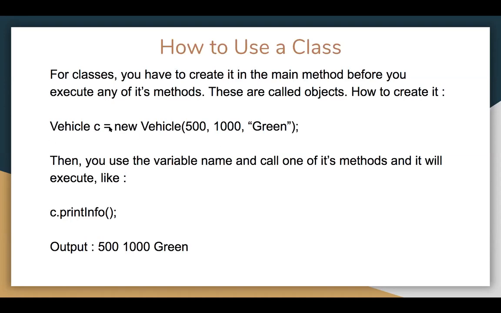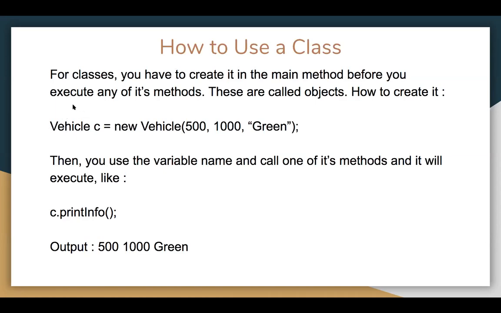Notice that this is very similar to a variable: this is the type, the type usually goes here, this is also the type, and this is the variable name, right? It looks very similar, it's just a lot longer. You can think that it kind of looks like the array implementation as well. So you can think of it as a variable. That's an easy way to think of it.